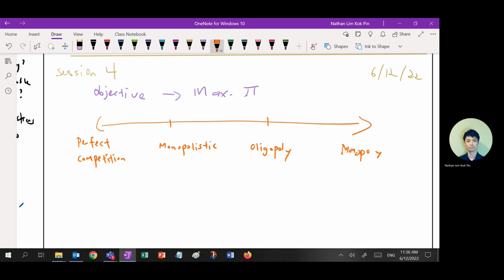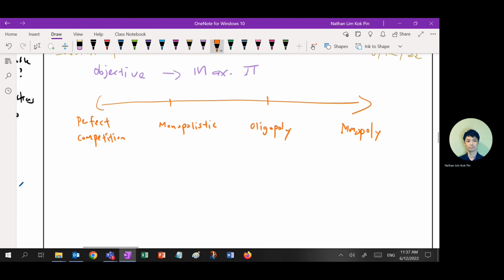These 4 will determine how you draw a diagram. Before you decide how to draw, you have to decide which market structure this is. Otherwise, how do you draw? Make sense or not?